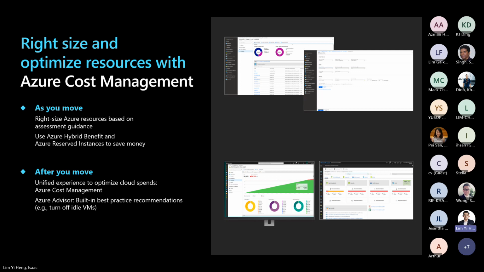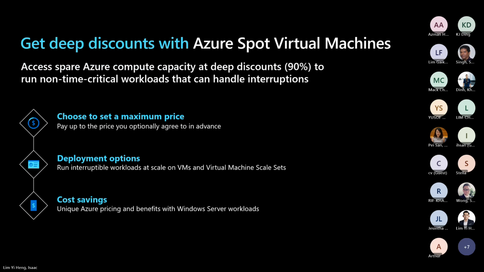And by right-sizing and optimizing the cost with Azure Cost Management, the customer can now manage their cloud spend in a unified experience, and also leverage the built-in best practice recommendations. For example, by turning off the unused VM to drive operational efficiency.